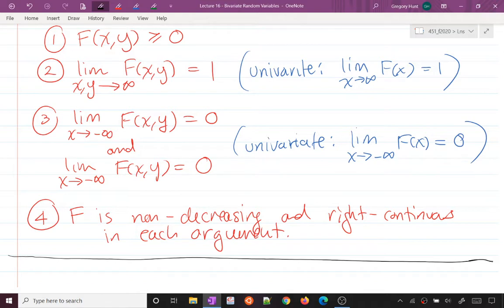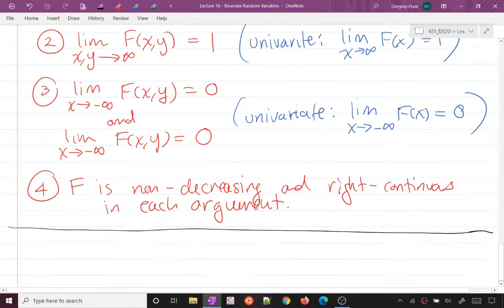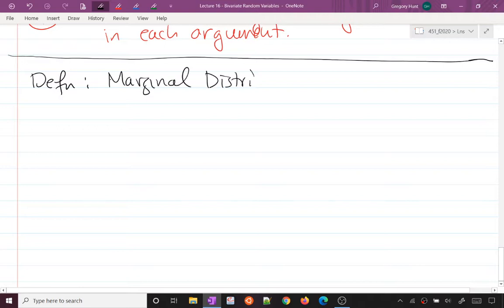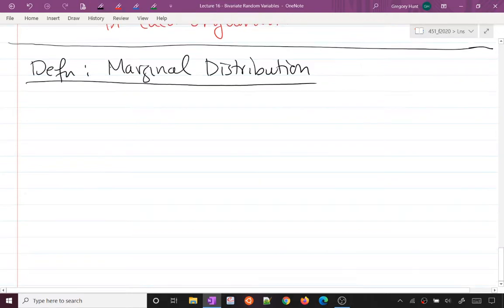So we can define the bivariate CDF. We should talk real quickly about what a marginal distribution is. The bivariate CDF is going to characterize the bivariate distribution.